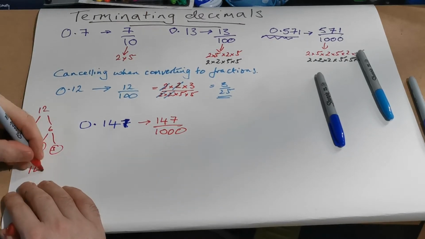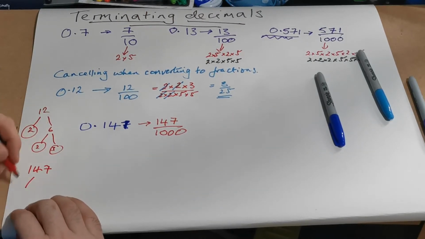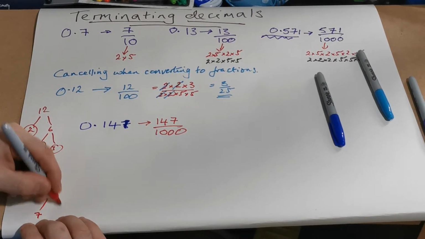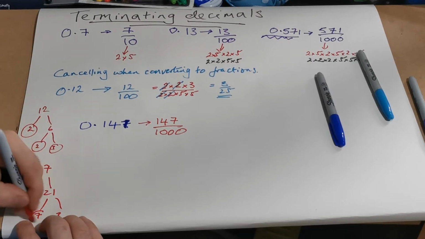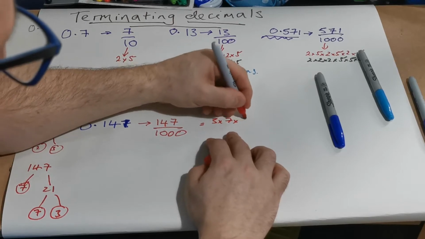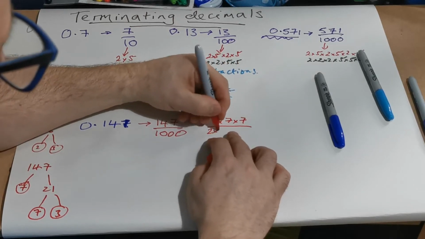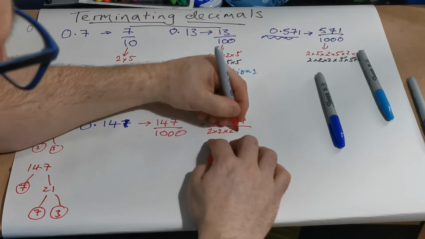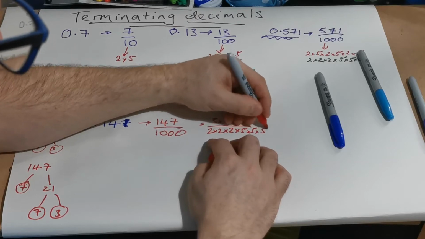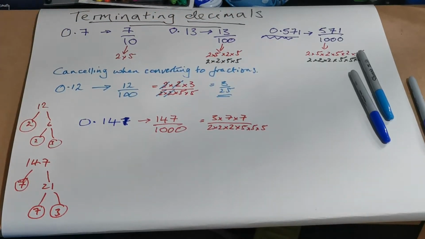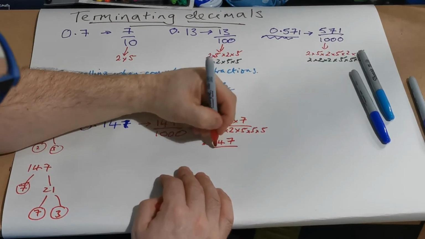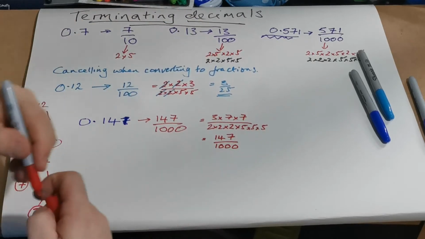If I look at 147, I can see that's 7 times 21, which is 7 times 3. So I've got 3 times 7 times 7 over 2 times 2 times 2 times 5 times 5 times 5. Is there anything there that I can cross off? No. So it's in its simplest form, it would be 147 over 1,000.